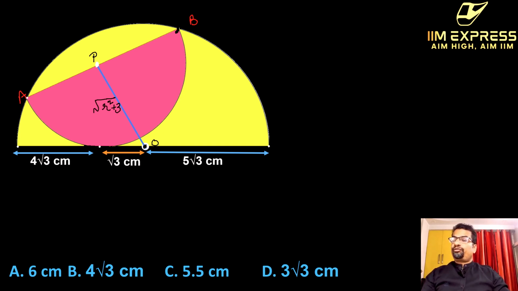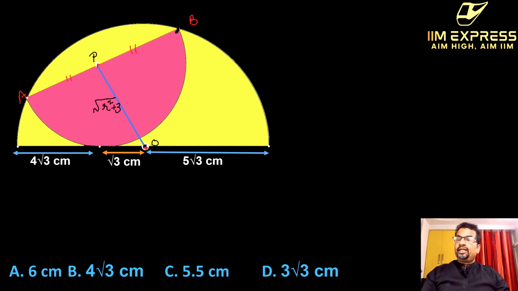AB, which is the base of pink semicircle, will be the chord of the yellow semicircle. And if I join midpoint of chord to the center, line joining from the center, which is O, to midpoint of the chord, which is P, because these two are radius. Midpoint P should be midpoint of AB.